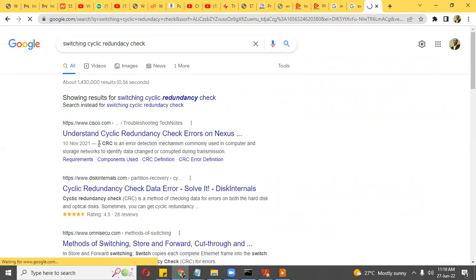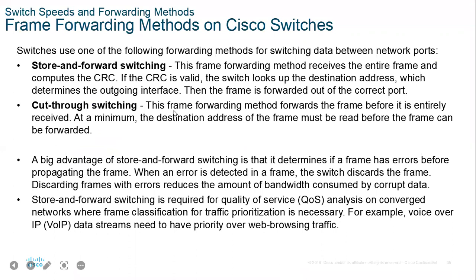Yes. So a CRC is an error detection mechanism commonly used in computer and storage networks to identify data changed or corrupted during transmission, right? So it does that check. If there's an error, it drops it. If it's all valid, it forwards the packet. So it's very good.